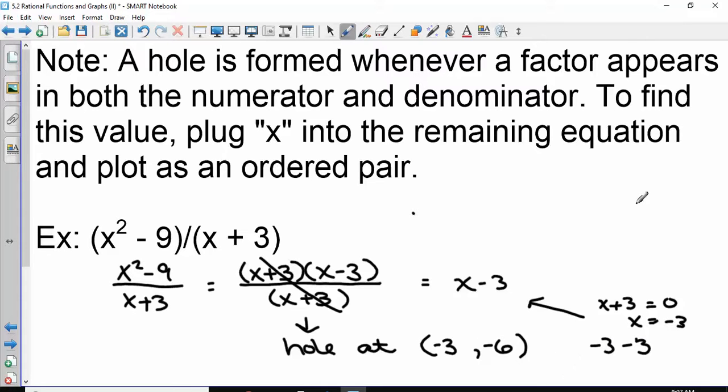So when I graph this line, it would just be an open circle here. Otherwise this is a line, y-intercept negative 3, so the actual graph looks like that. We will talk more about those as we come to examples that have this. But I just wanted to touch on it here.